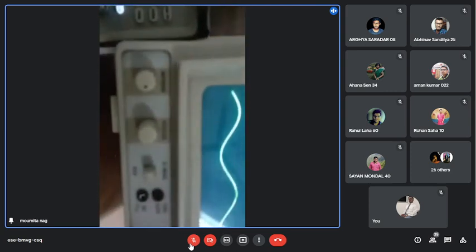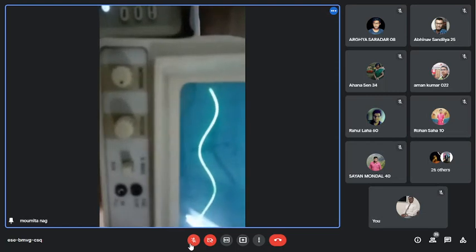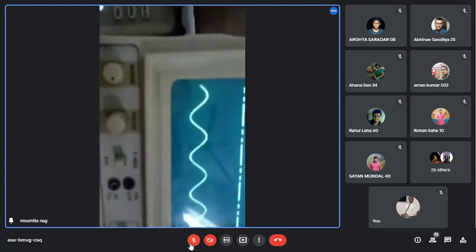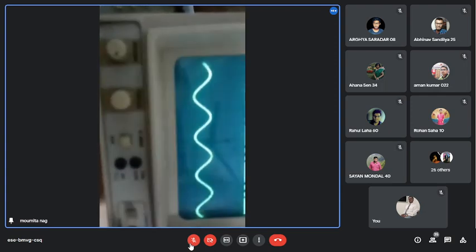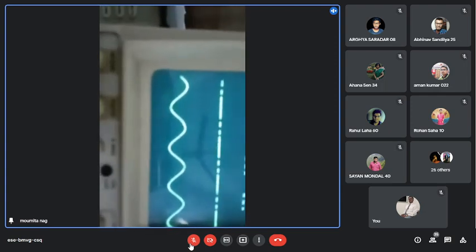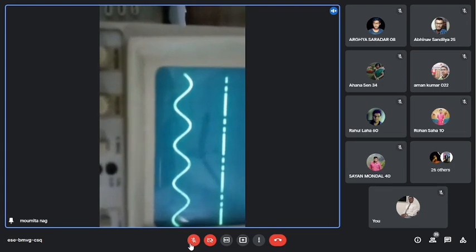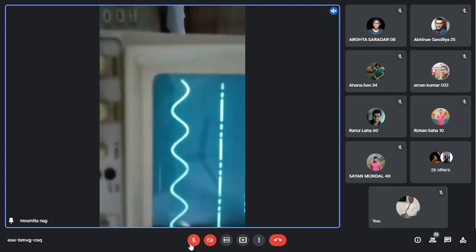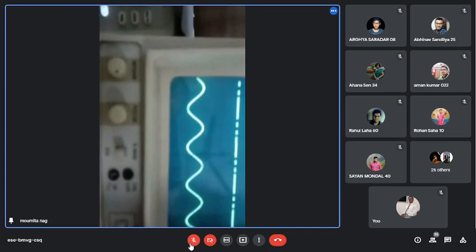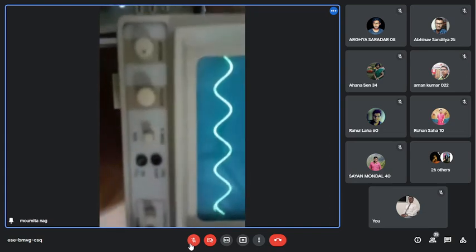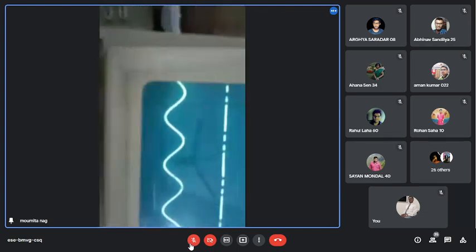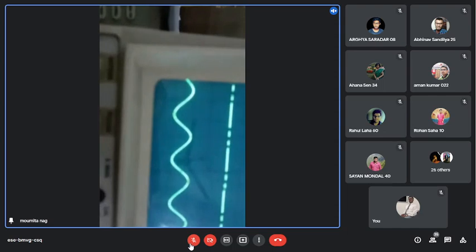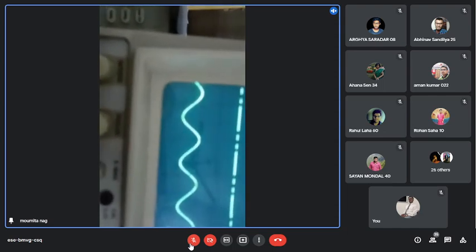And what is the frequency? Time per division is kept at 2 milliseconds, and for one cycle there are 2.5 divisions.